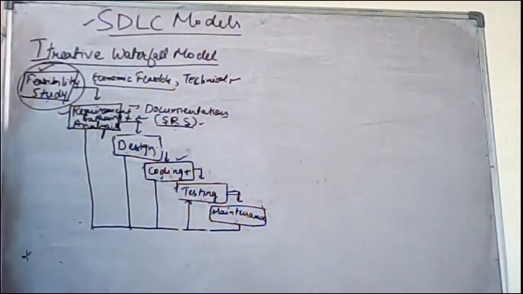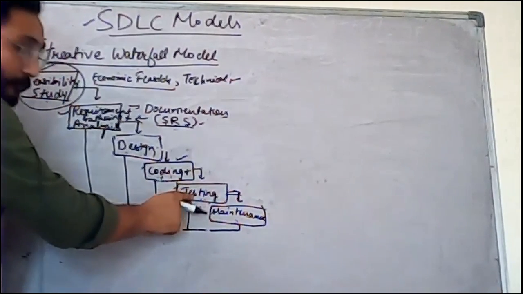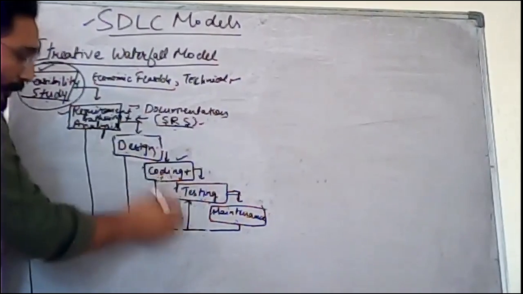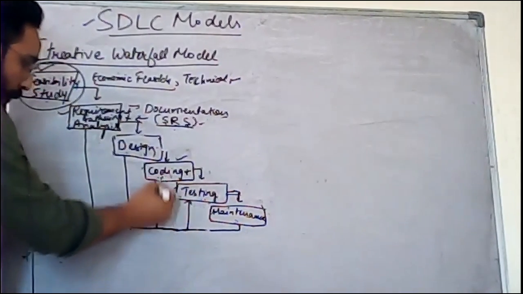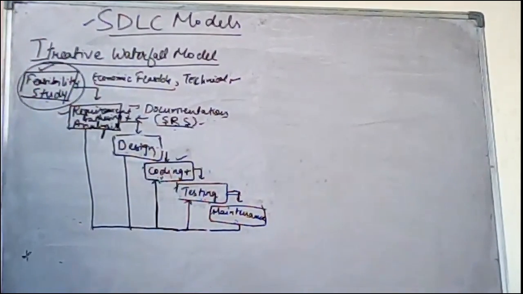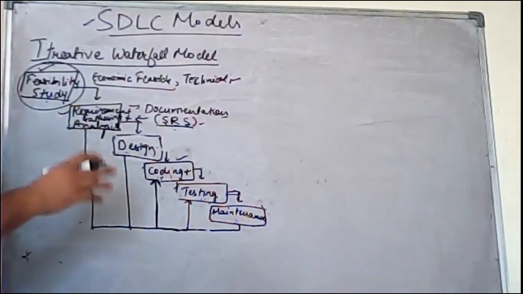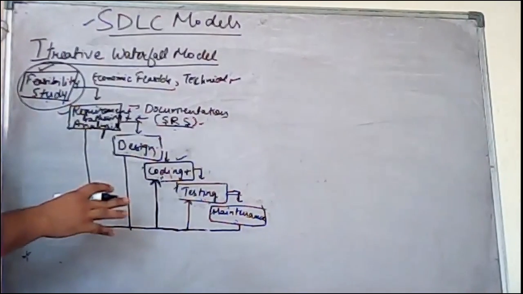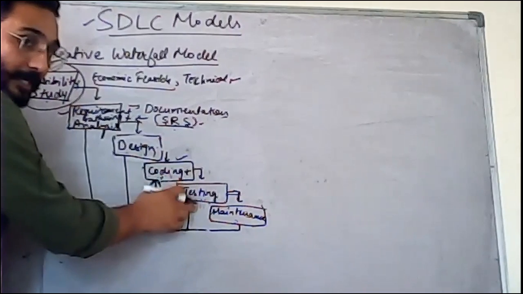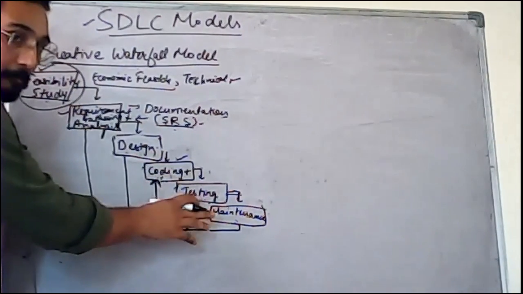If the testing team faces any problem according to coding, they will backtrack and give feedback to the coding team that they haven't used a proper programming concept, which is why there is a problem in testing. The modules are not working properly.